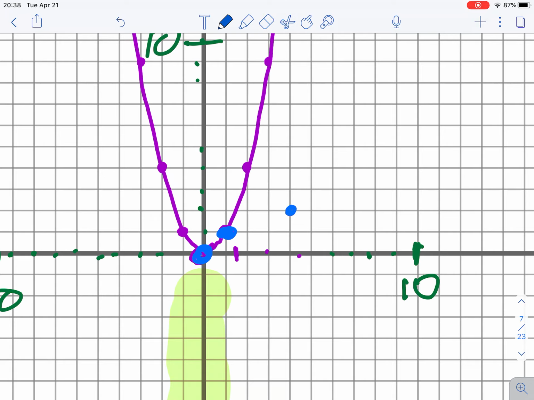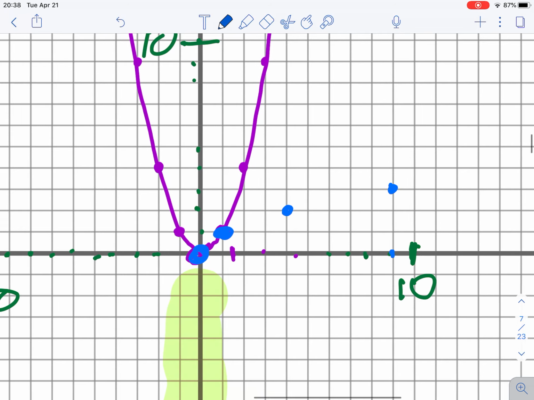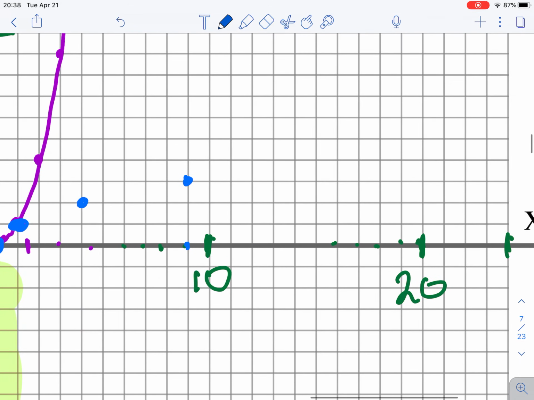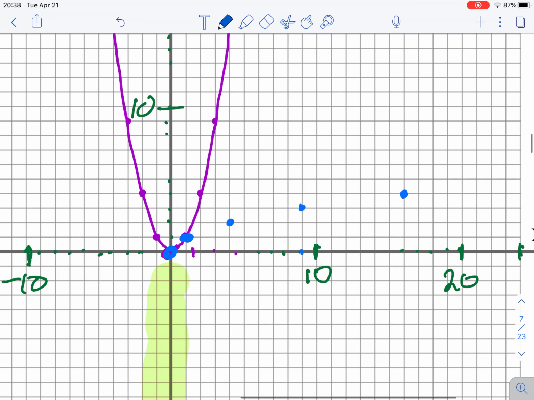Then we go to 1, 2, 3, 4, 4 and 2. Right there, 4 and 2. So 4 on the x, 2 on the y. Then we go to 9 on the x and 3 on the y. Then we go to 16, 11, 12, 13, 14, 15, 16, and 4 right up there.